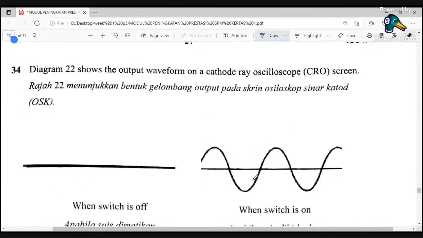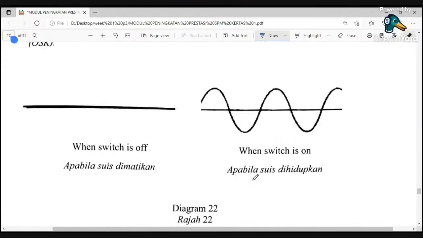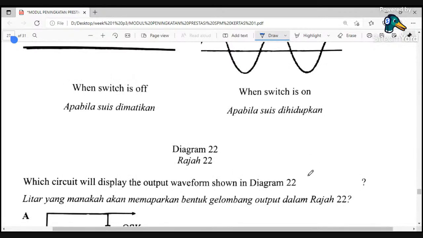Okay, number 34. Output waveform on CRO screen. This circuit will display output waveform as shown in diagram 2.